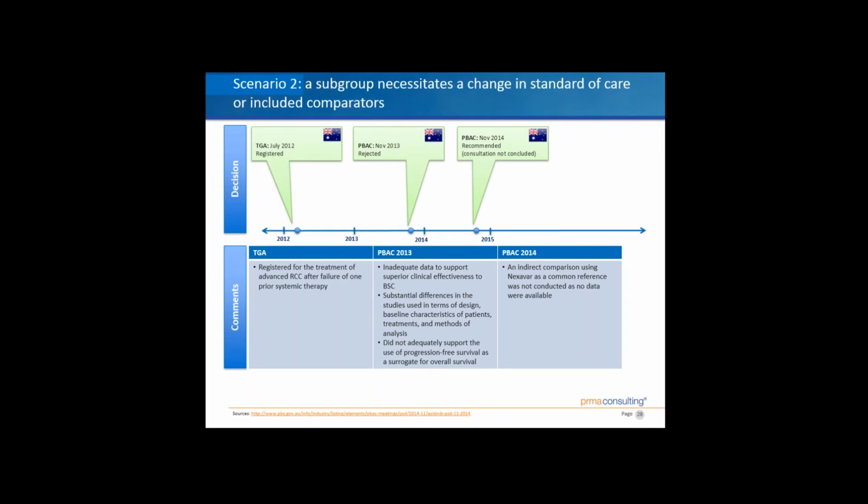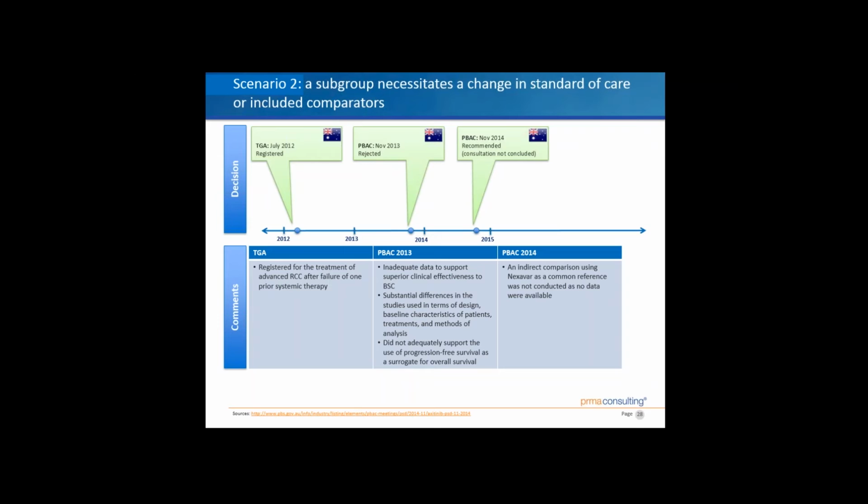In the original assessment, the submission for Inlyta was rejected in second line. Interestingly, at the same time, Nexavar was also considered, i.e. in the same meeting, and they're effectively considered together. And this is considered to have had some effect on the strength of the clinical evidence given for Inlyta versus best supportive care.